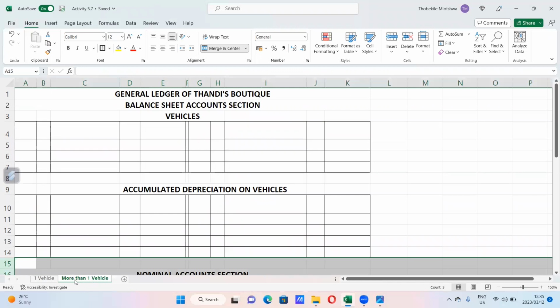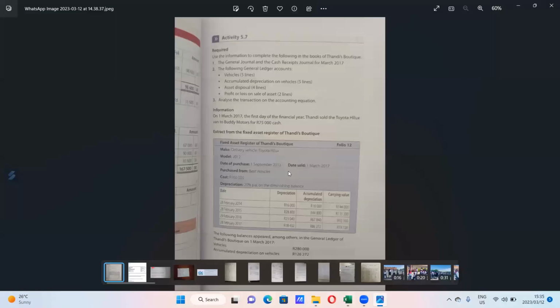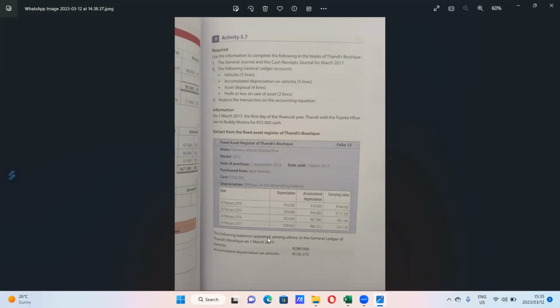In part two, as you can see, I said when there's more than one vehicle in your books. So in this case, let's follow this. Let's read the last part. It says the following balances appeared, among others, in the general ledger of Tannis Boutique on 1 March 2017.